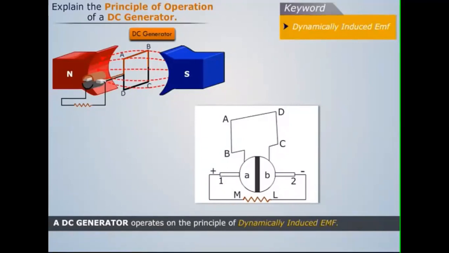Now, after half revolution, the direction of the induced current in the coil reverses and it begins to flow along DCBA.